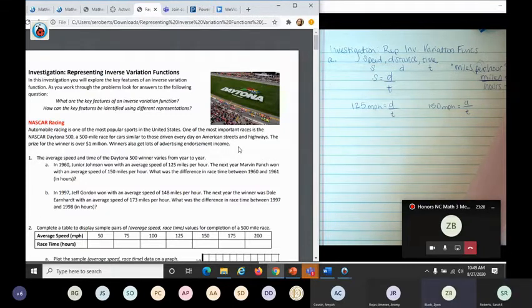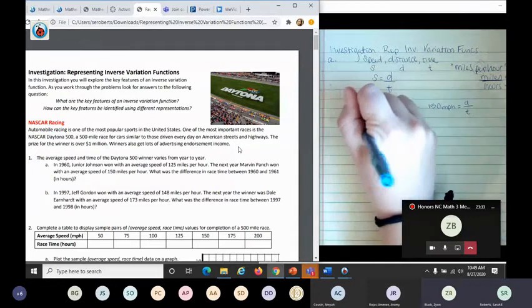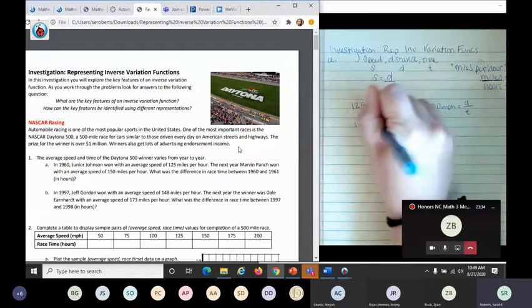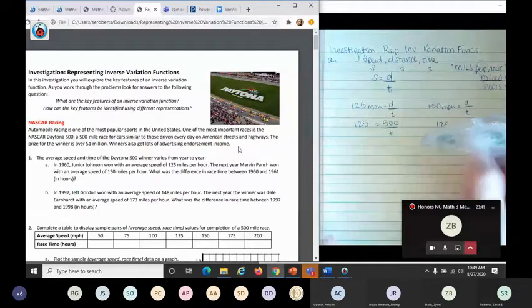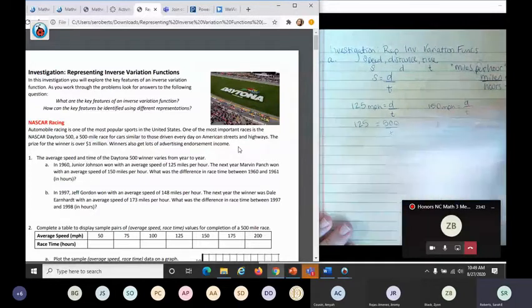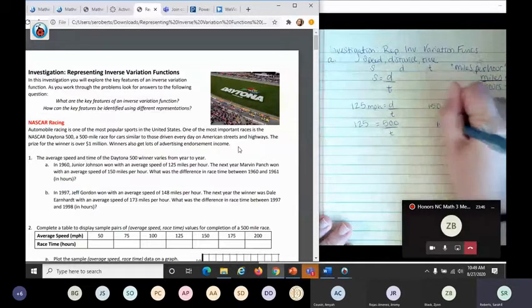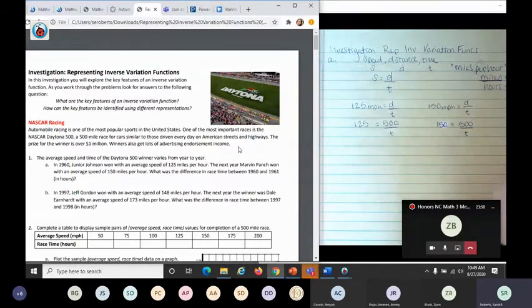It says 500, right? Yes, 500 miles. So 125 should be equal to 500 over T, and 150 to be equal to 500 over T, because they both drove in a 500-mile race.